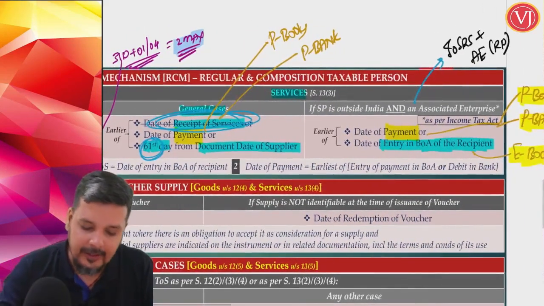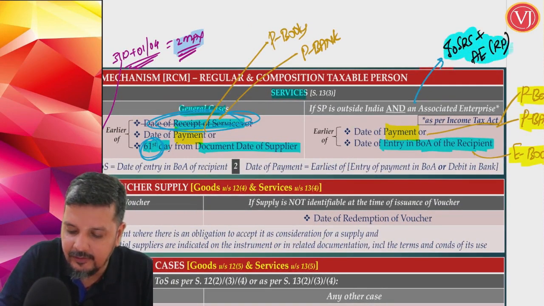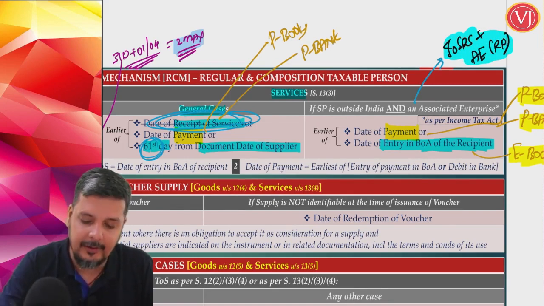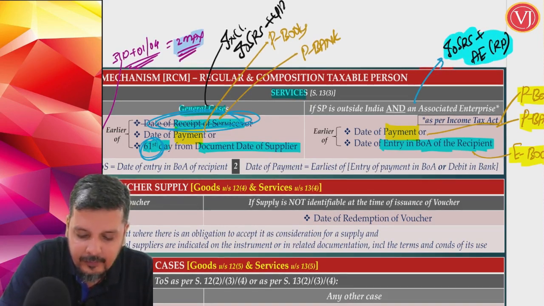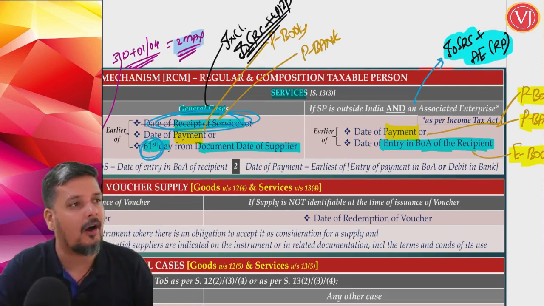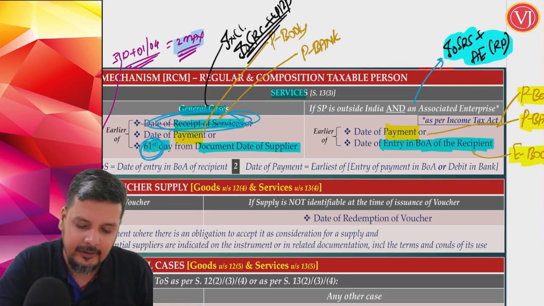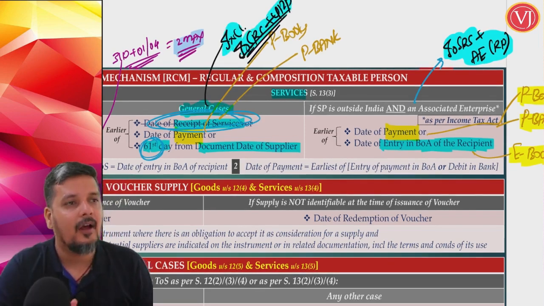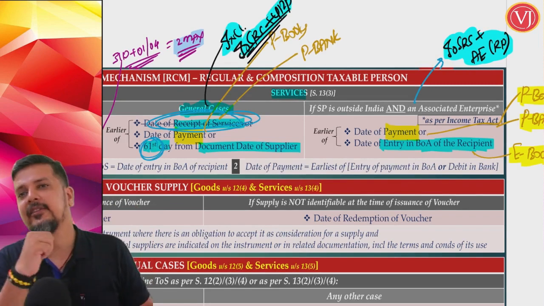No. When is it in special category? Only if it is importation of services from associated enterprises. Your general category will include importation of services from unrelated person. All the other RCM, including importation of services from unrelated person, will always come in general category.